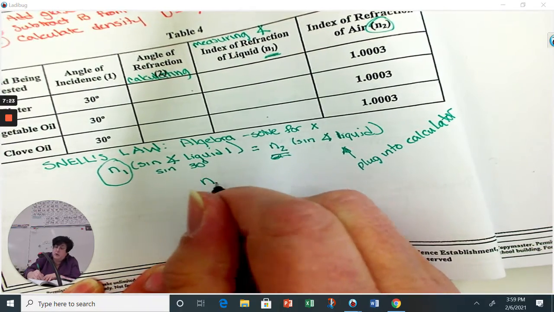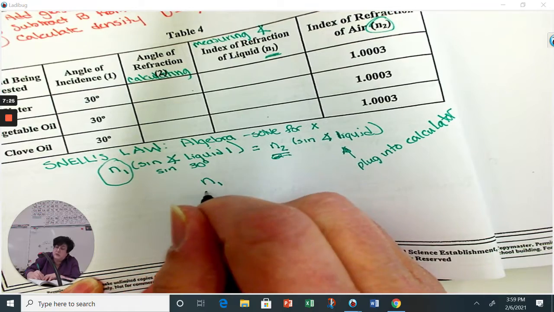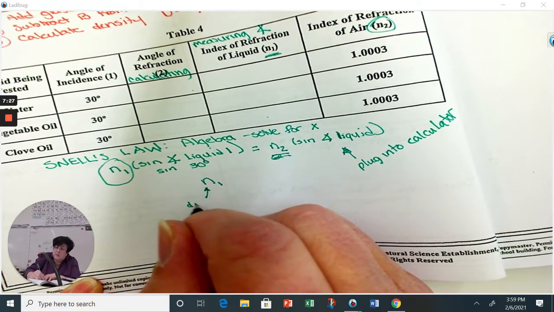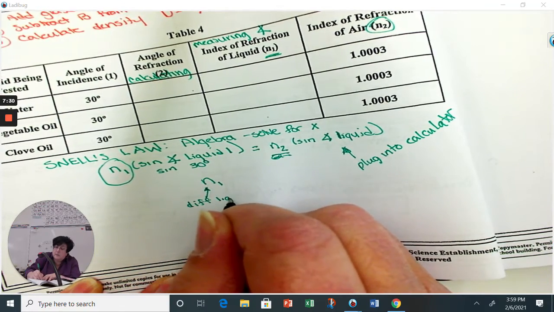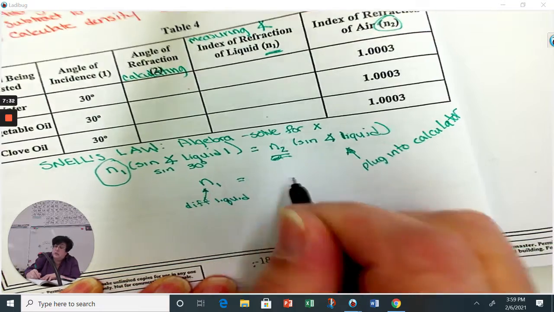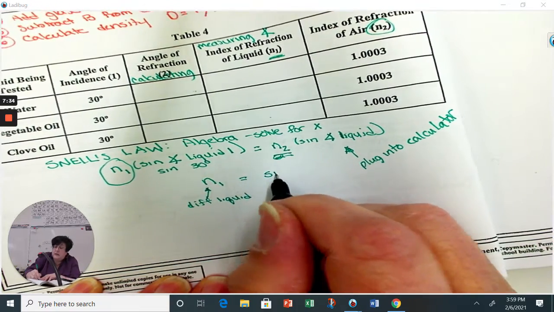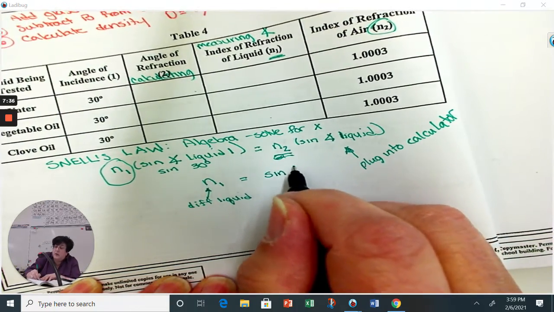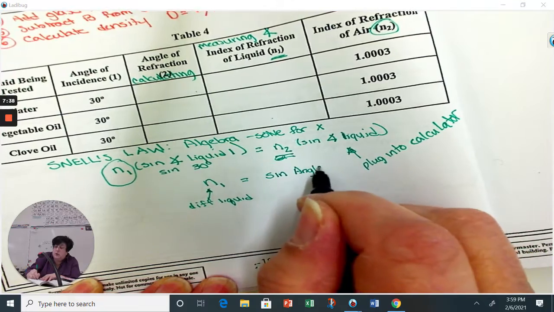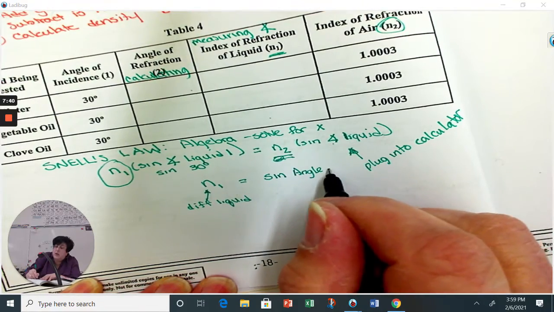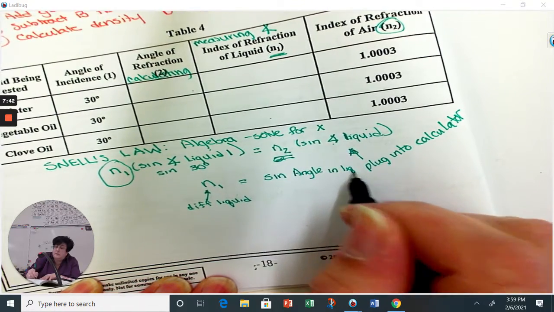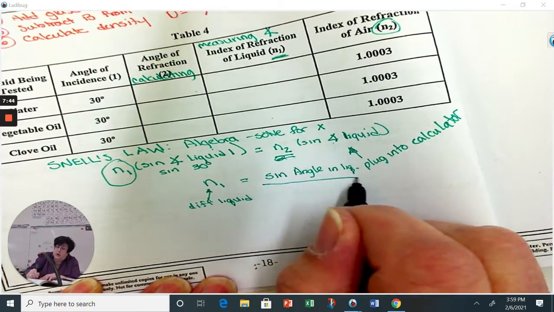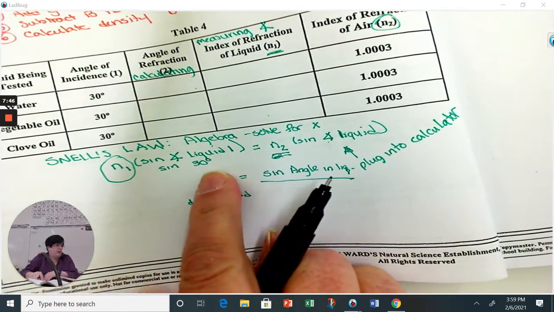So the thing I'm looking for, which is the different liquids, will be to use your button on your calculator and take the sine of the angle in the liquid over the sine of 30 degrees.